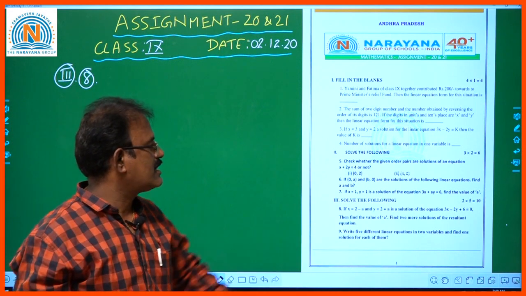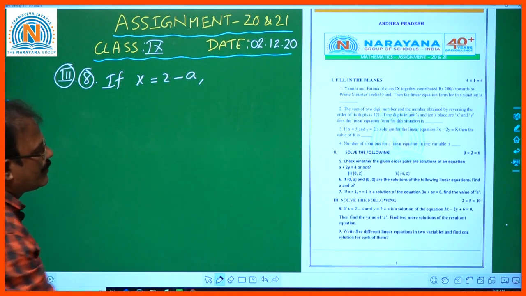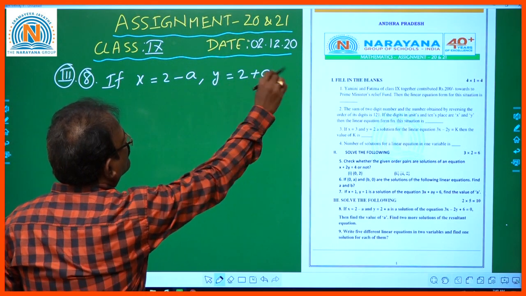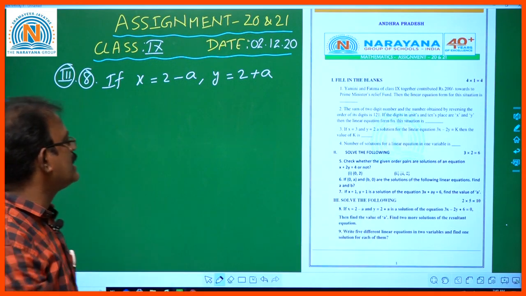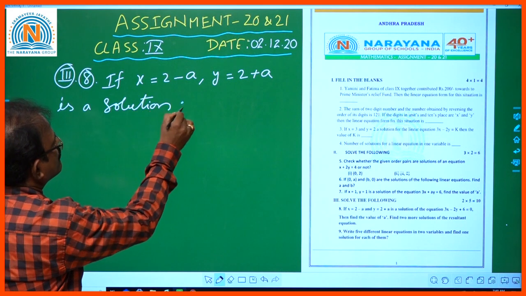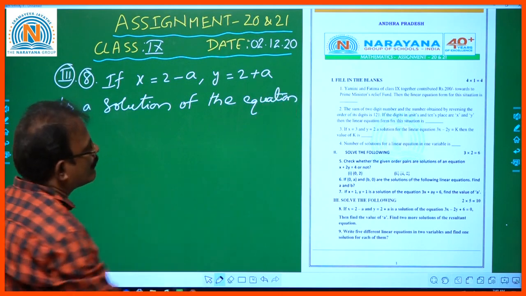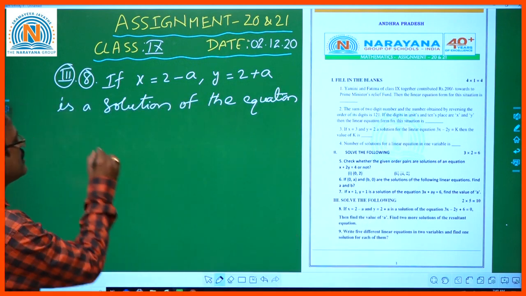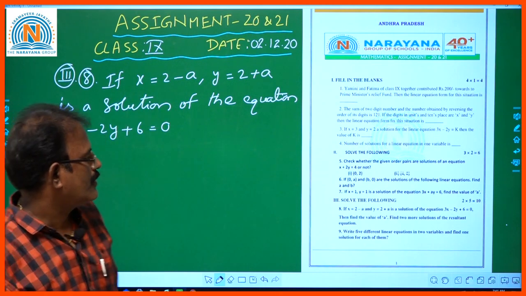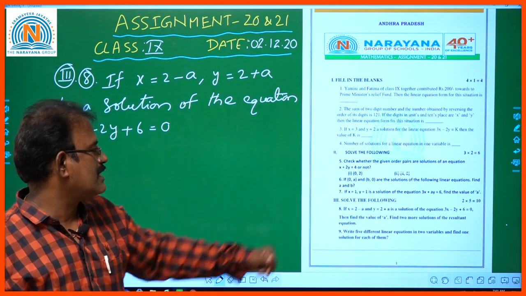Third Roman. If x is equal to 2 minus a, y is equal to 2 plus a is a solution of the equation 3x minus 2y plus 6 is equal to 0, then find the value of a, and find two more solutions of the resultant equation.